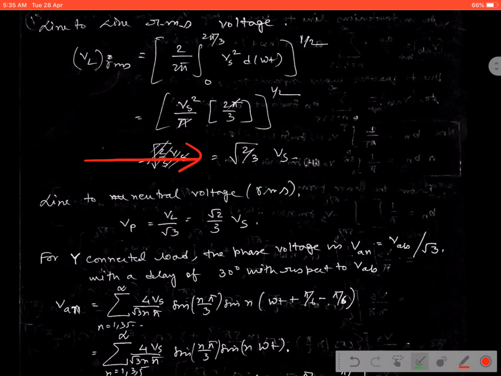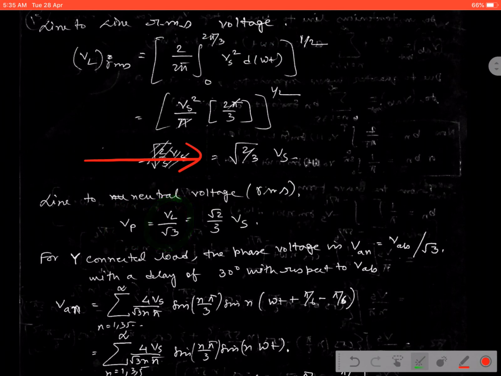Okay. Now go through the expression. For line to neutral voltage, we are going to calculate the relation between line voltage and phase voltage. So Vp, the phase voltage, should be equal to line voltage by root 3.